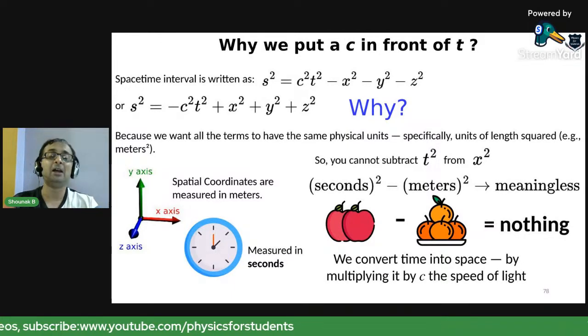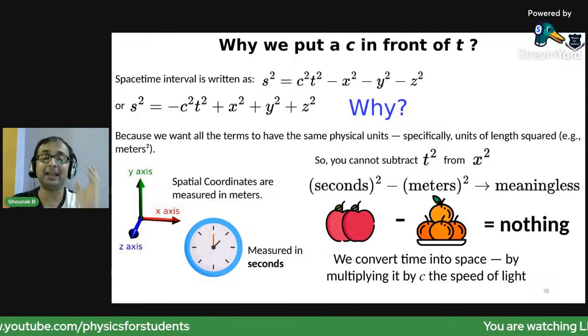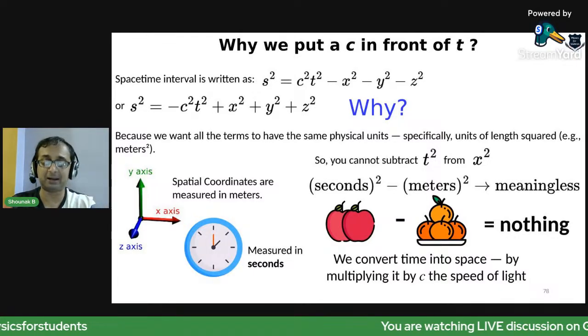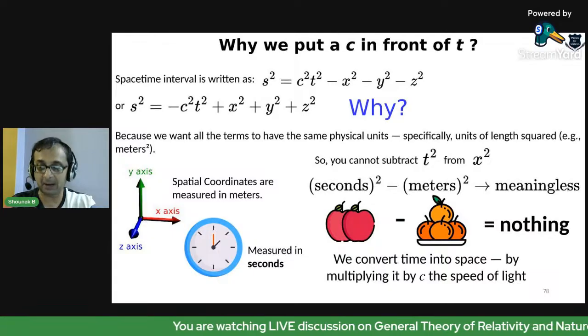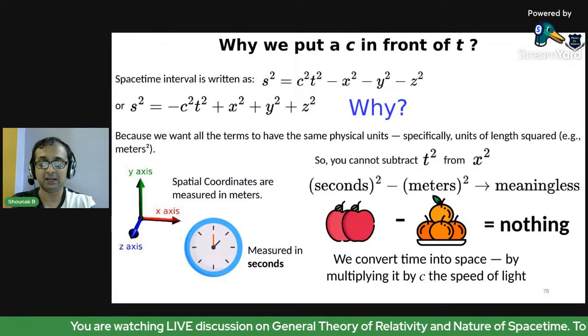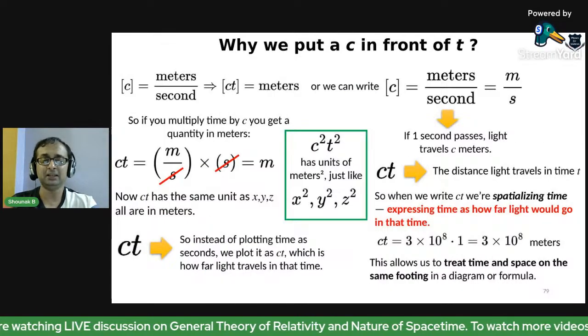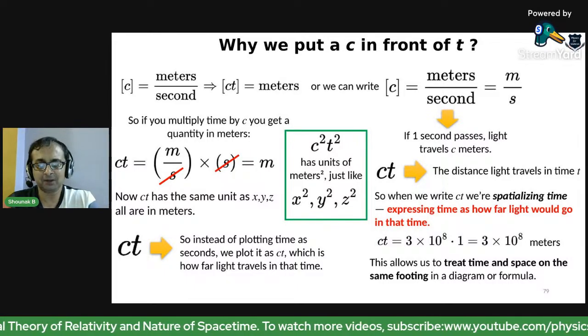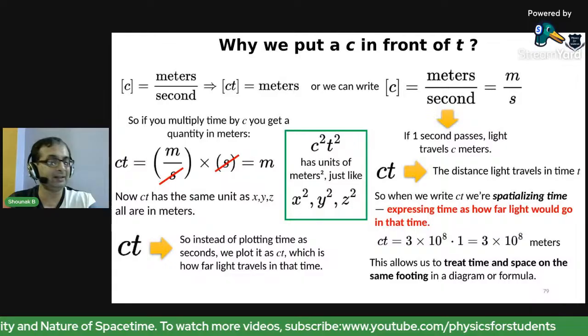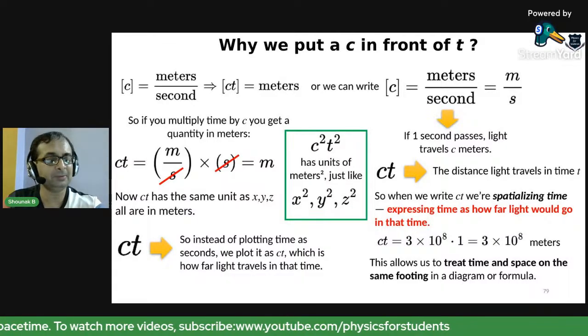So by force, we are converting time into space. Are you getting my point? By force, in order to make the measurement in the same pattern, we are converting time into space by multiplying by c, the speed of light. Let me show you the next part. So c equals meter by second, or we can write c equals m by s. Okay, m by s means what?